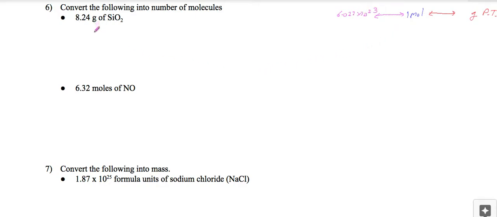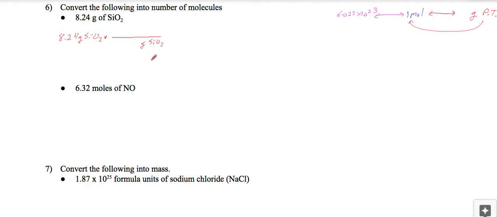So I'm given grams, which means I'm going to start with my mass from the periodic table as my first conversion. So here is our 8.24 grams of silicon dioxide. Now I first have to get to moles. So here is my grams of silicon dioxide.